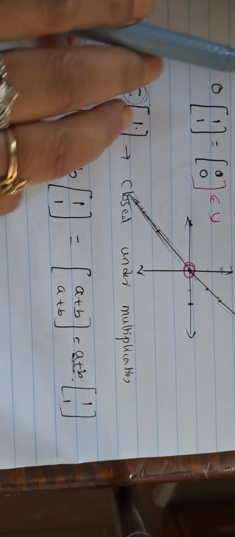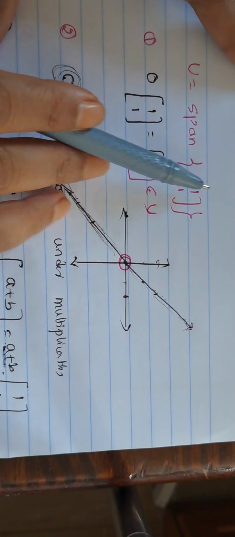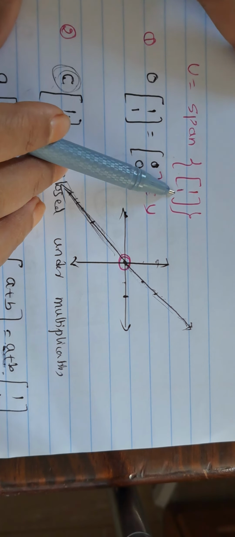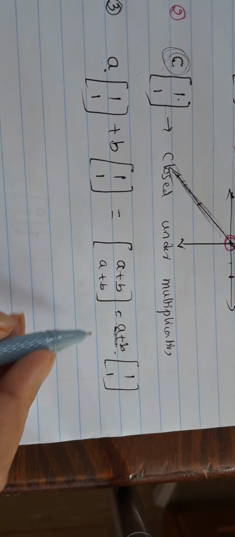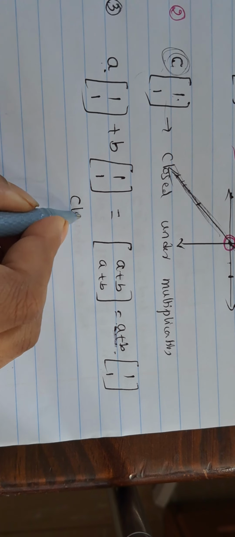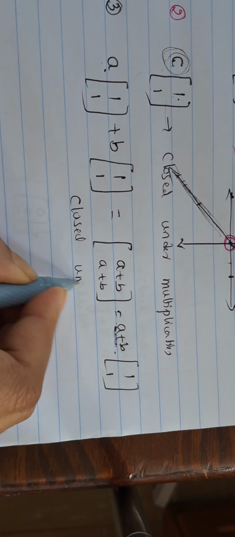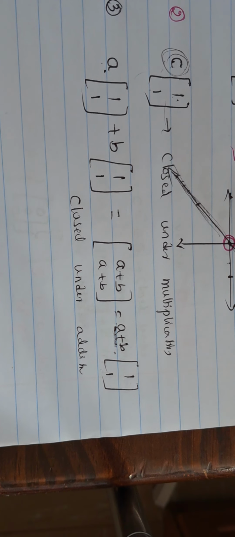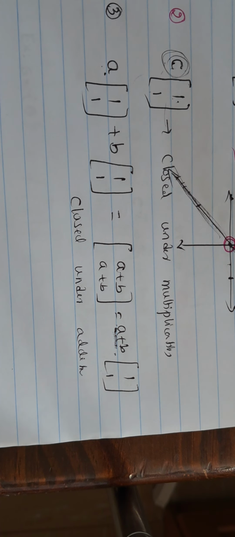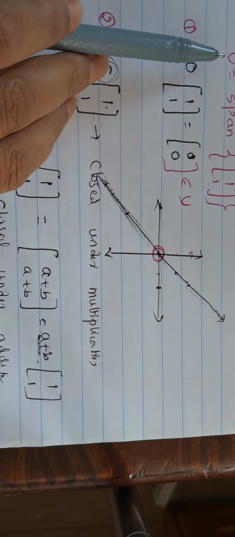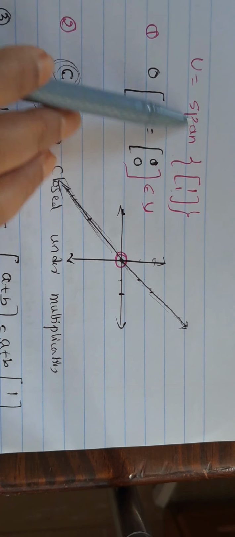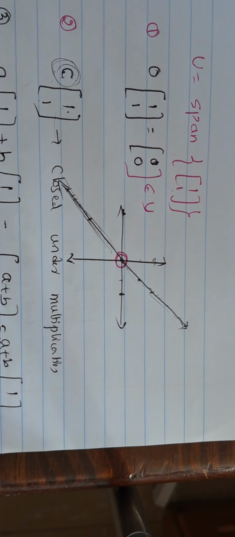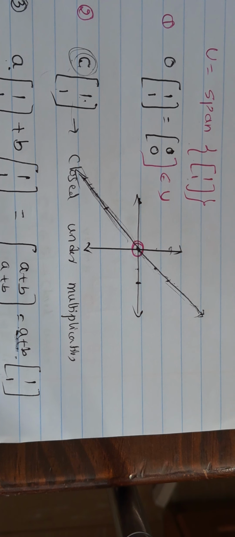It is still in the format of the span of this vector, so it is another linear combination. Therefore it is also closed under addition. So all three properties are satisfied, and the set U, which is the span of this particular vector, is a subspace of R2.